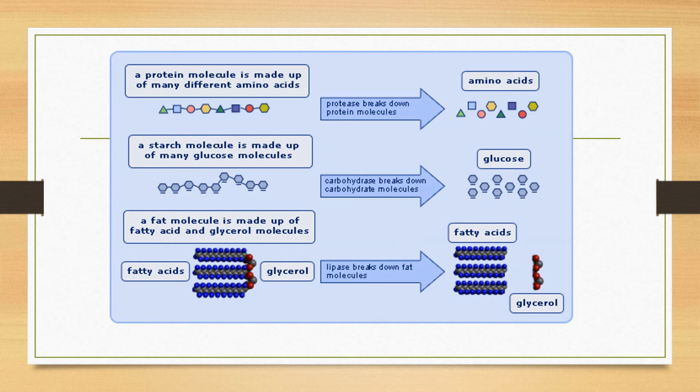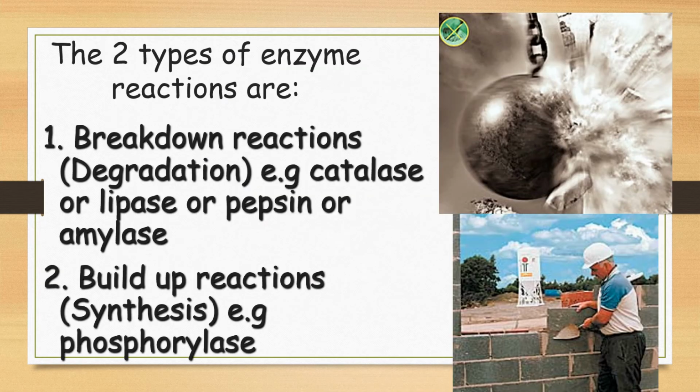Our enzyme, carbohydrase or amylase, breaks down our starch into lots of little glucose molecules. And then a fat molecule is made up of fatty acids and glycerol. So lipase is an enzyme that breaks down our fat into fatty acids and glycerol. Each of these are big long chain molecules getting broken up into smaller pieces, so these are our degradation reactions.